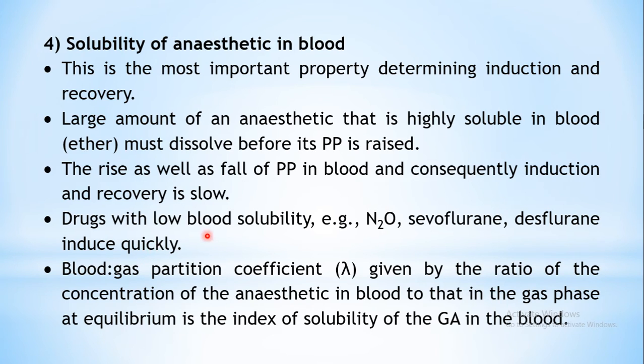If the solubility is less, once the operation is over and once you stop administration, gradients will reverse, your drug will come out of the brain and it will quickly enter the blood. If it has high solubility, it will take time to enter the blood, so recovery also will be slowed down. In case of ether, the induction and recovery both are slow because it has high solubility in the blood. Whereas examples like nitrous oxide, sevoflurane, desflurane induce as well as recover very quickly because their blood solubility is low.